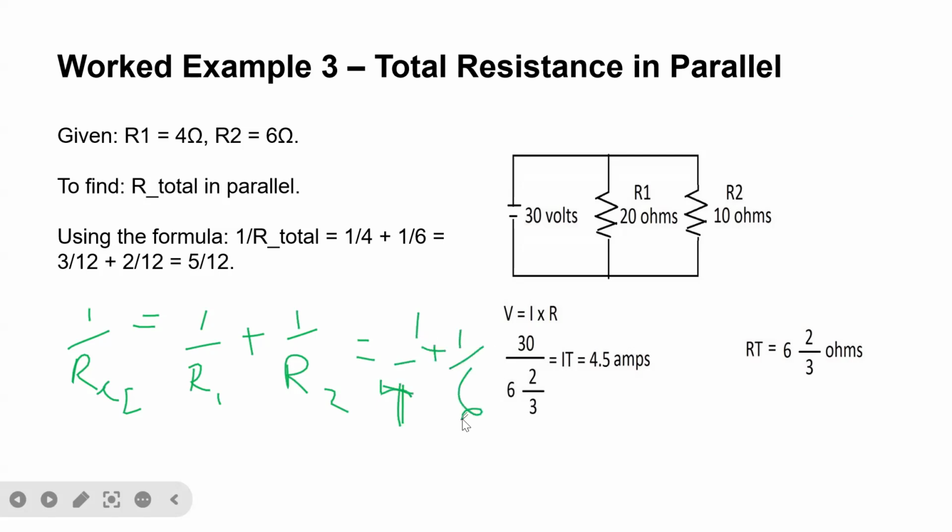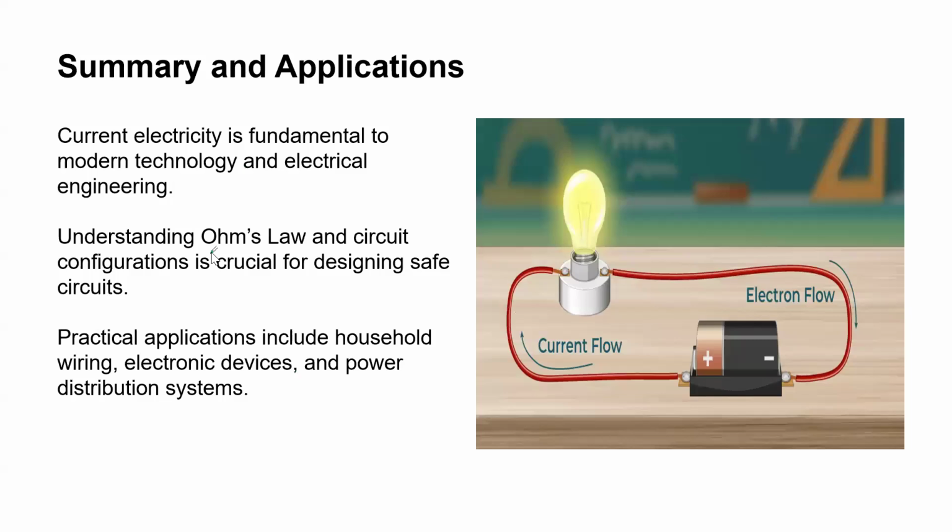From here, we can now take the LCM, which at the end we arrive at this. I hope you understand. If you can see clearly, ladies and gentlemen, this is how to calculate resistance in parallel. We can also look at another example.